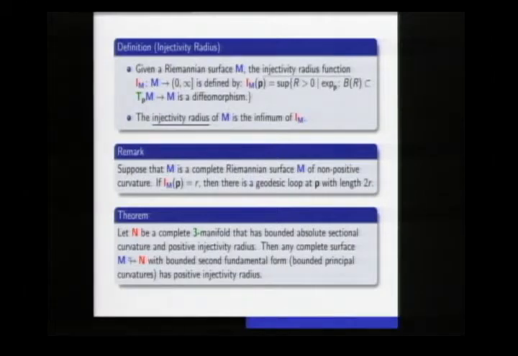And if you look at a complete surface in it with bounded second fundamental form, then it turns out it has positive injectivity radius. And that's because you have this uniform graphing lemma, which says that in local ambient coordinates, a surface with bounded second fundamental form is a natural graph over its tangent space. We can think of exponentiating the tangent space.